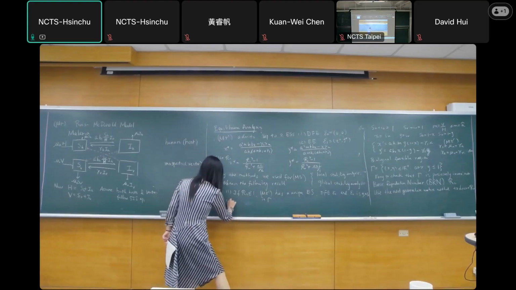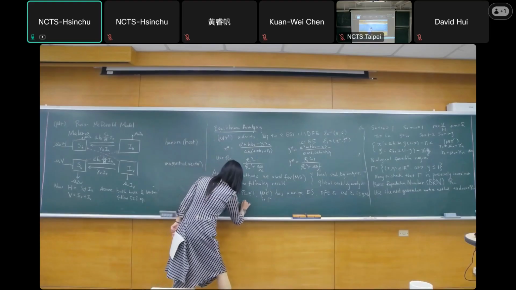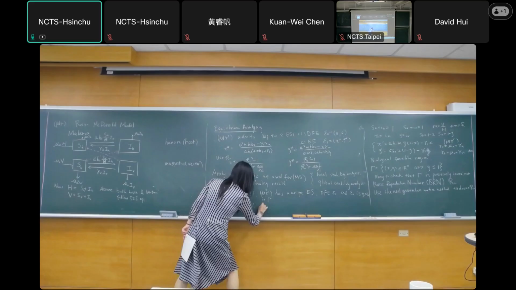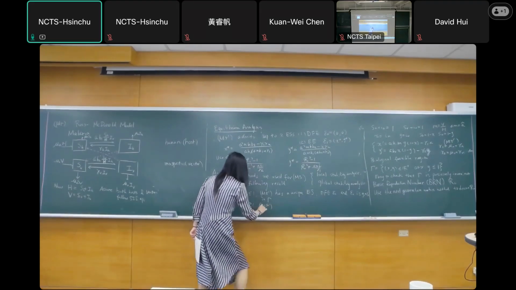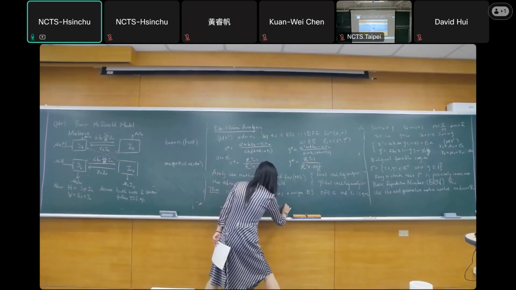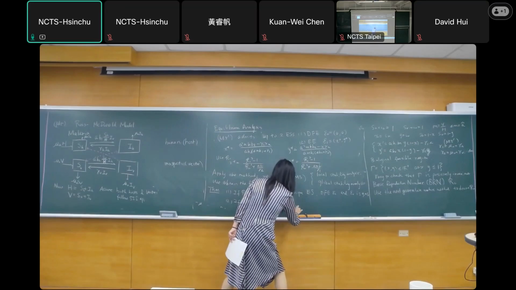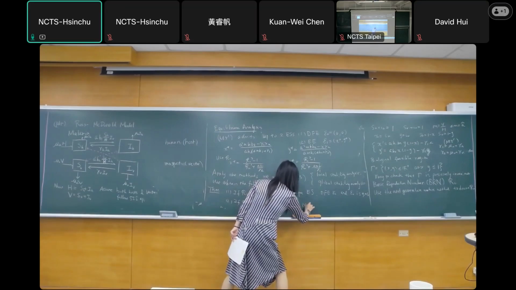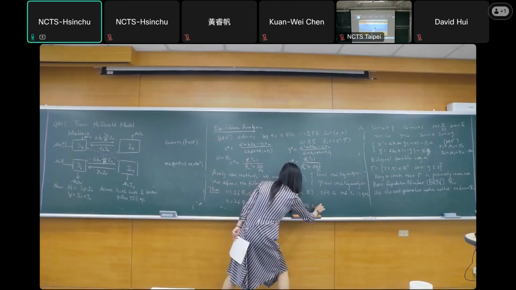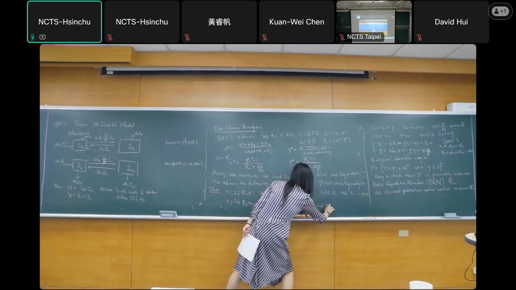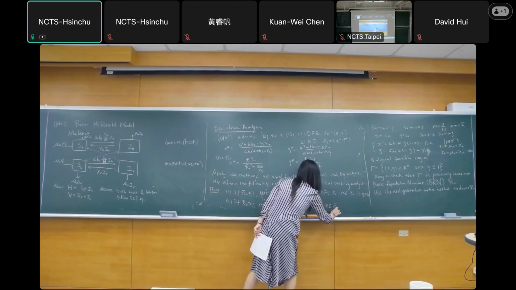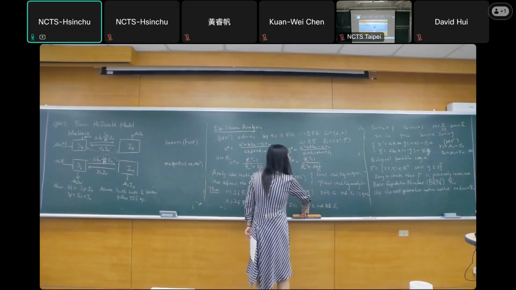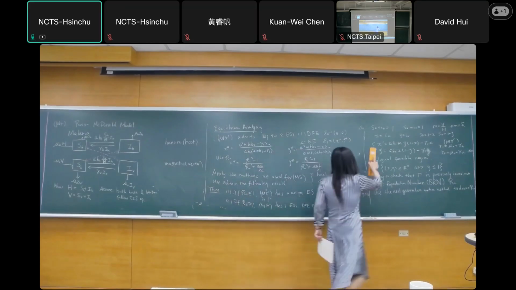Second thing, if R0 is bigger than 1, the system has two equilibrium solutions. One is disease-free, the other one is endemic. And, oh, sorry, I have to erase this.